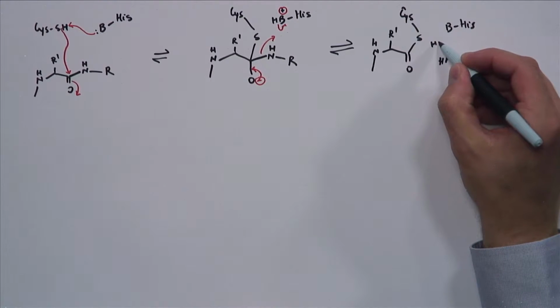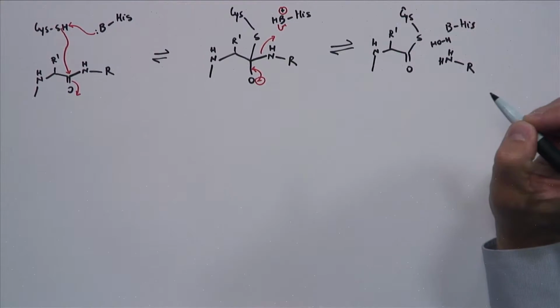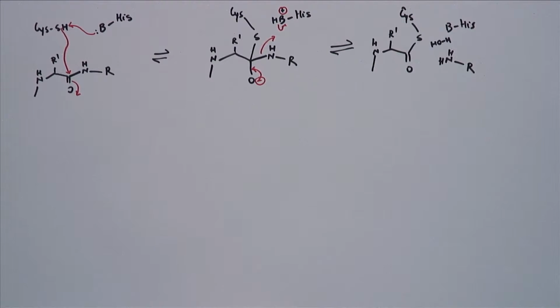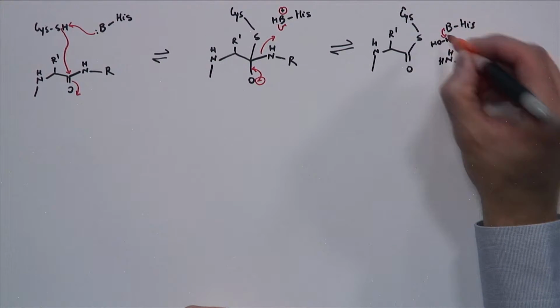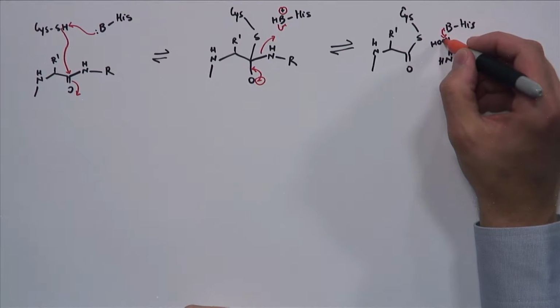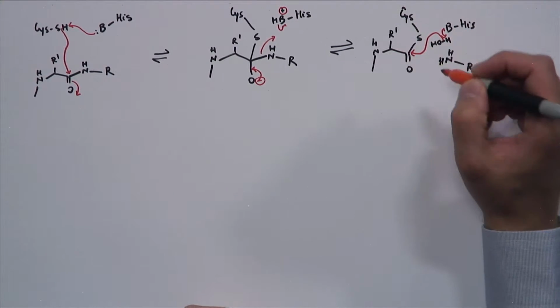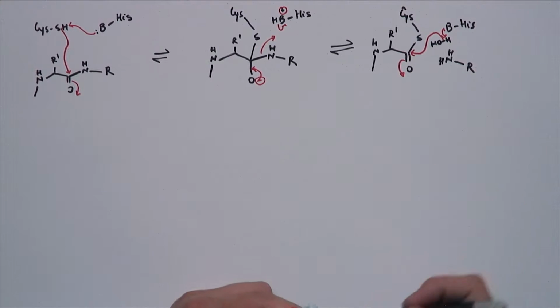In the second step, the thioester we just formed in the active site will be hydrolyzed by a water molecule, which will be activated by the same histidine in the active site. Here is our water molecule. So the histidine is going to deprotonate the water, activating it for attack on the carbonyl, forming once again a tetrahedral intermediate.